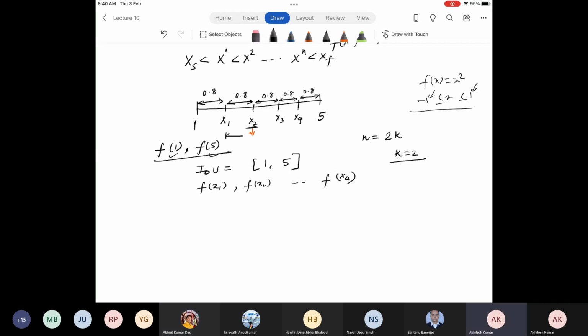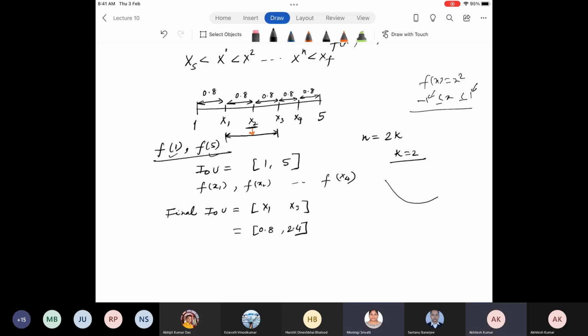No, none of them. What I said, the final interval of uncertainty should contain the minimum point. Does that make sense? Final interval of uncertainty will be between x1 and x3. How much is it coming? 0.8 to 2.4. Now, do you get the idea of what is interval of uncertainty?